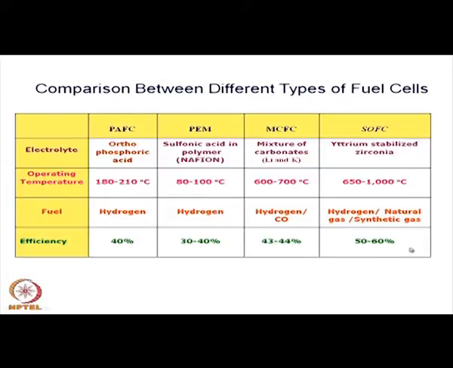And solid oxide fuel cell can go as high as 50 to 60%. Of course, this has some conditions, because one has to have utility of the thermal energy also. We will look into what exactly it means.